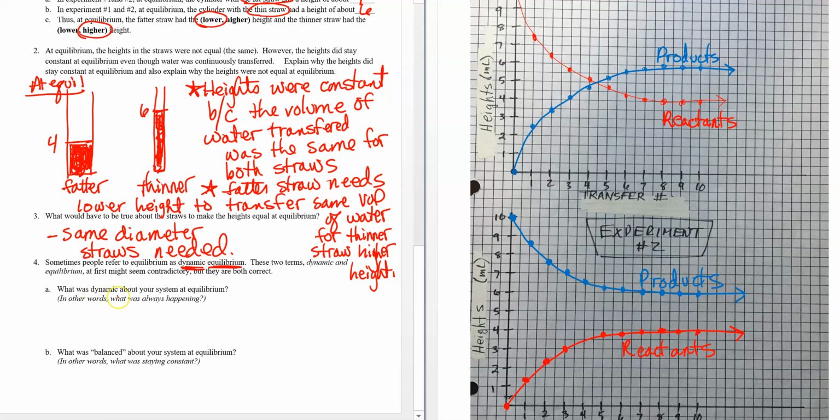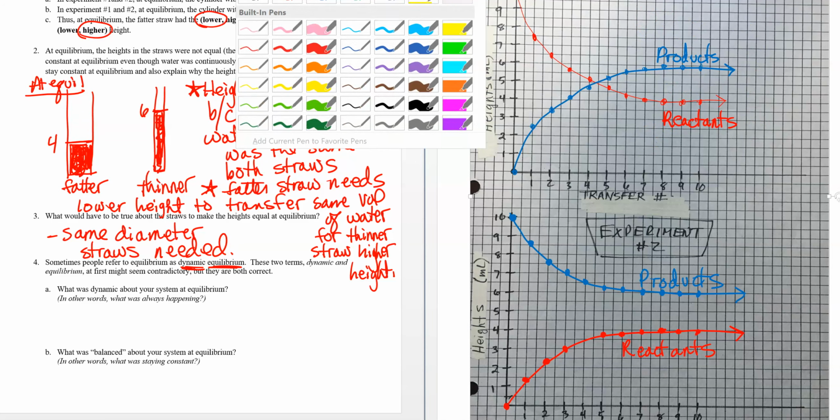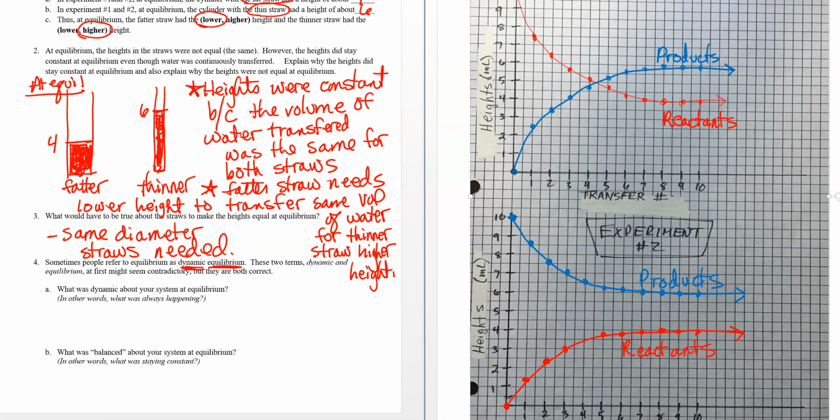So what was dynamic about your system at equilibrium? In other words, what was always happening? Remember, we were at equilibrium when everything stayed constant, right? So this is when you're at equilibrium. You might want to mark this. Let's make a nice box in a darker color.